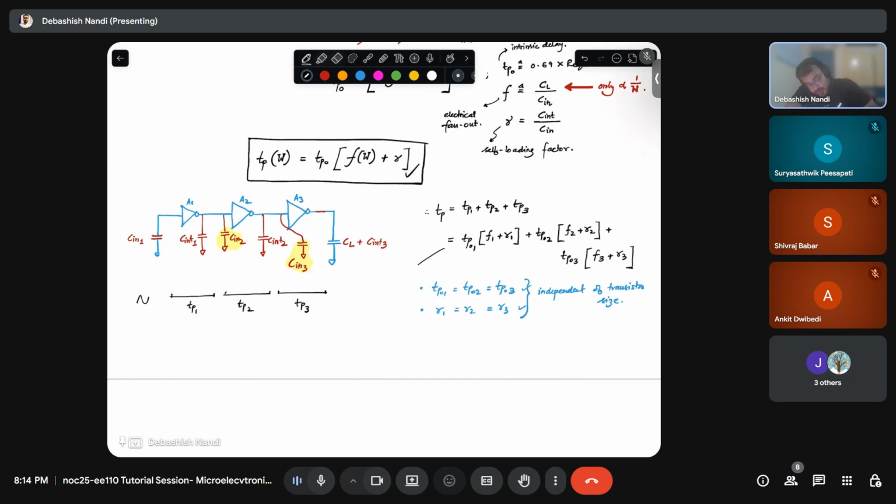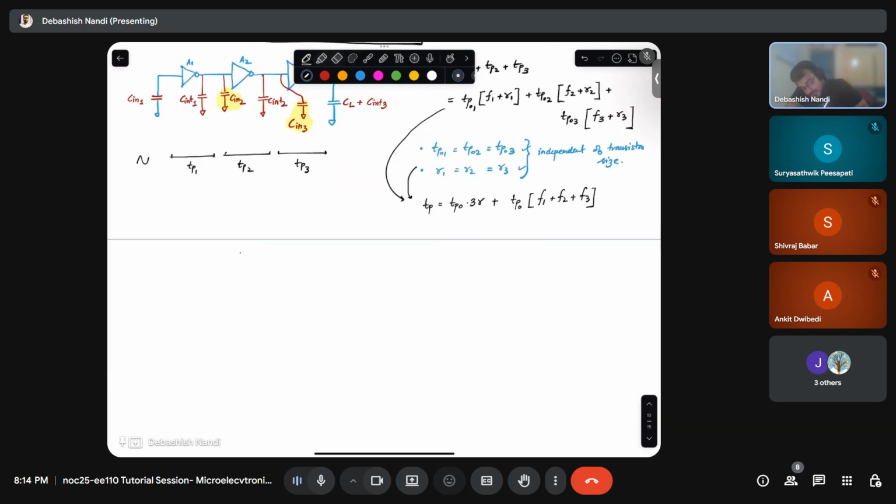So can I write from this and this, Tp is equal to Tp0 times 3 gamma plus Tp0 times F1 plus F2 plus F3? Fine. So what is F1?